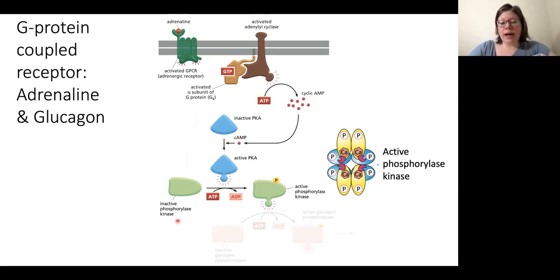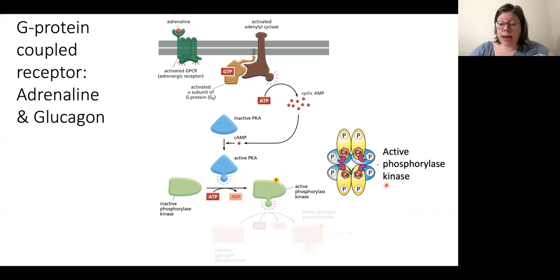And you can see we've got PKA able to activate phosphorylase kinase by phosphorylating it. Again, this is just a really simple version of phosphorylase kinase, but you might remember that phosphorylase kinase is a really complex molecule with 4 different subunits. And there are multiple places where phosphorylation of this protein can improve the activation of phosphorylase kinase.